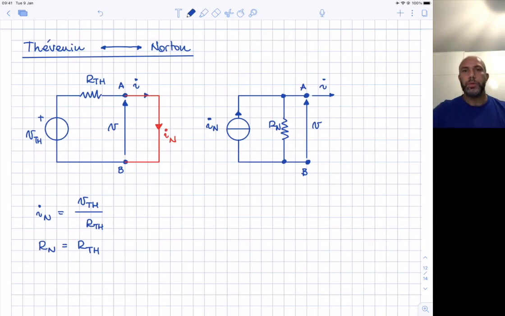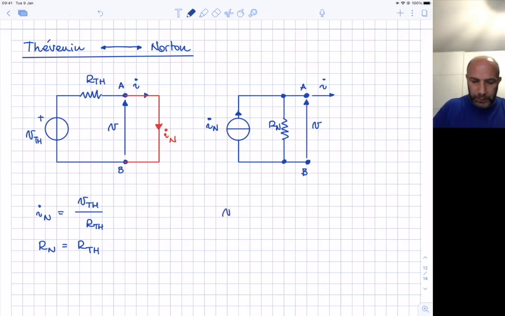Similarly, if we want to transform the Norton's equivalent into its Thevenin's representation, what we have to do is to calculate the open circuit voltage. The open circuit voltage is, in this case, the voltage applied to the resistor Rn. So, since the terminals are open, what we have to do is to apply Ohm's law, where the resistance is Rn, and the current flowing through this resistance is exactly the current of Norton's generator.